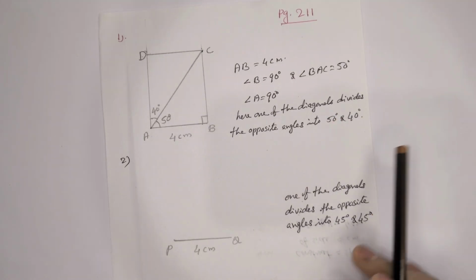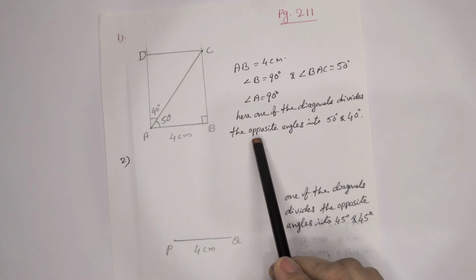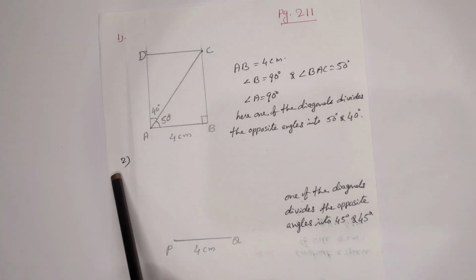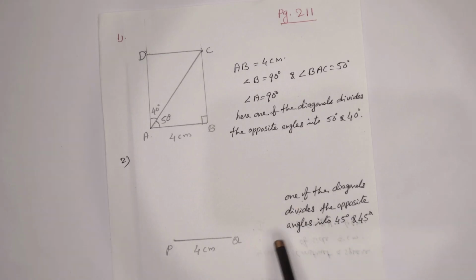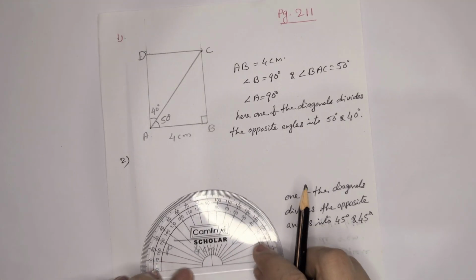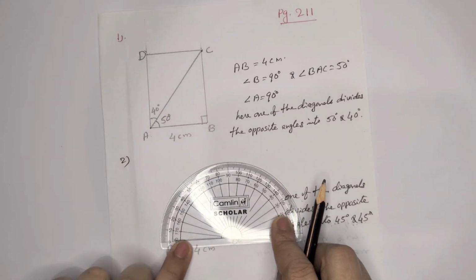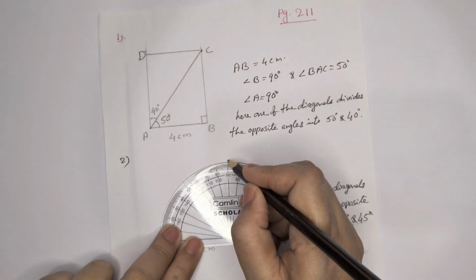Now the second question. In the first question, one of the diagonals divides the opposite angles into 50 and 40. Second question, one of the diagonals divides the opposite angles into 45 degree and 45 degree. Same way we first draw line segment PQ, that is 4 centimeter, and from both the edges we mark angle Q equal to 90 degree.